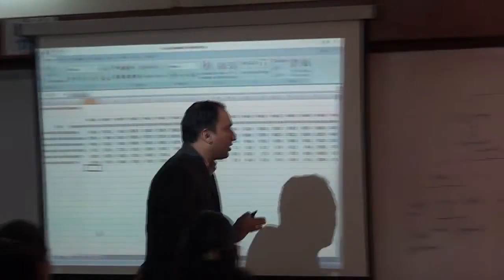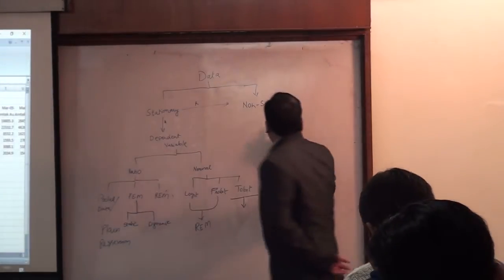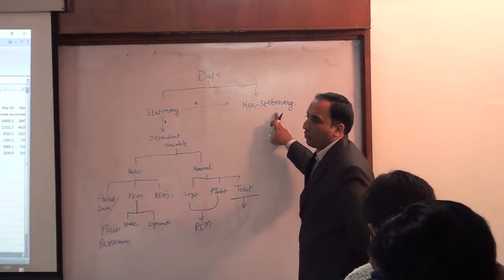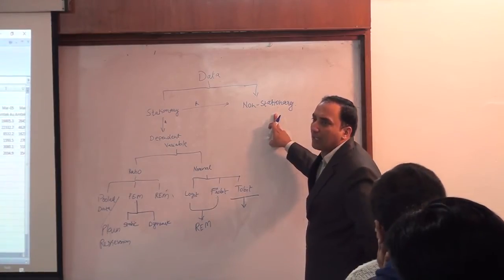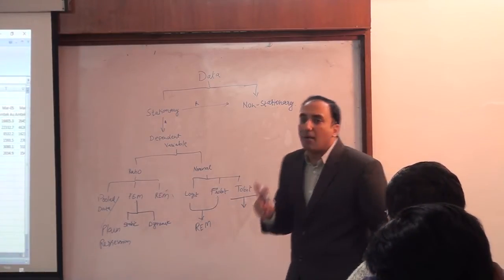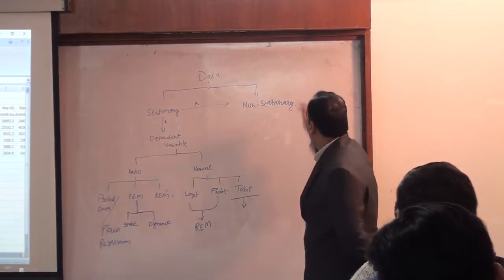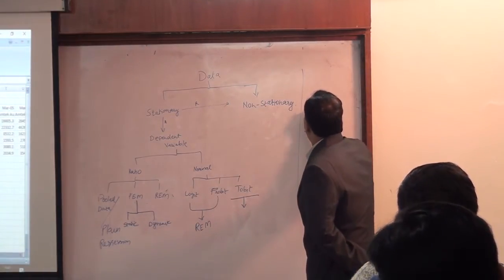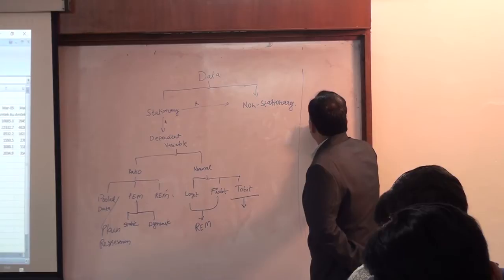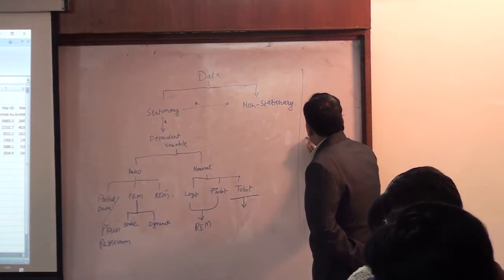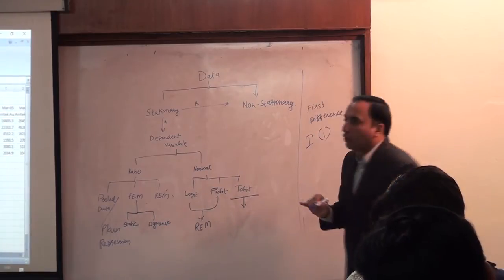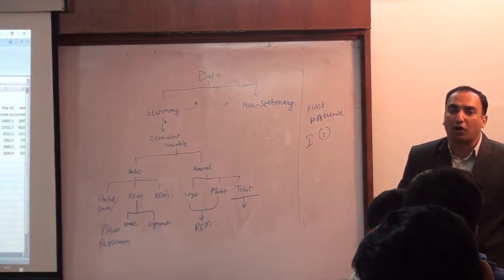So non-stationarity is a condition when there is a unit root. There are multiple methods of handling a unit root, and the most important one is taking the first difference, which is also called the I1 process.